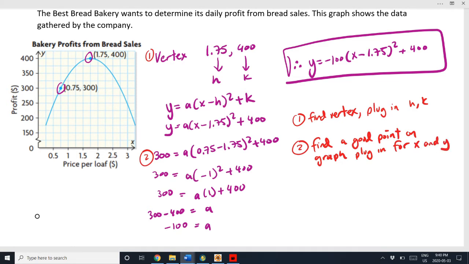In step 3, we just solved for a. So step 3 begins right over here. And finally, step 4, state the equation.